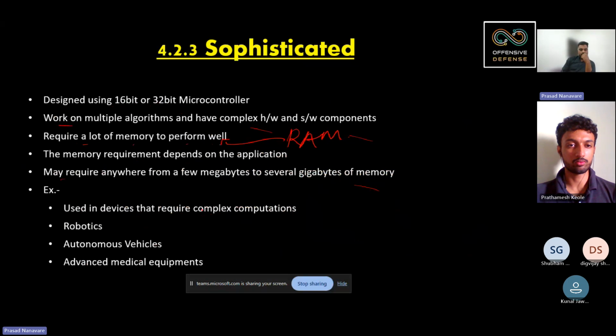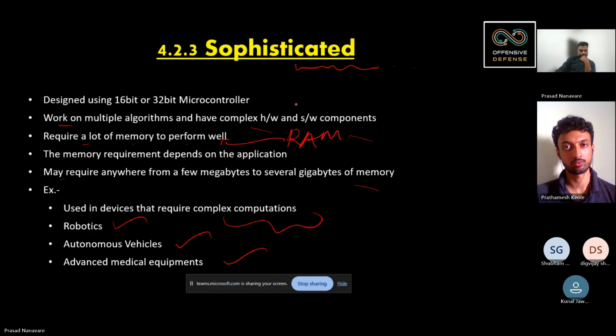Examples are devices that require complex computations like robotics, autonomous vehicles, and advanced medical equipment. So this is about sophisticated embedded systems. Not necessarily only 32, इससे भी ज़्यादा के processors, controllers available हैं.